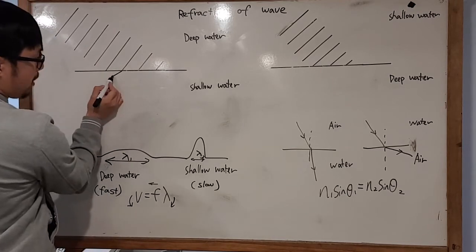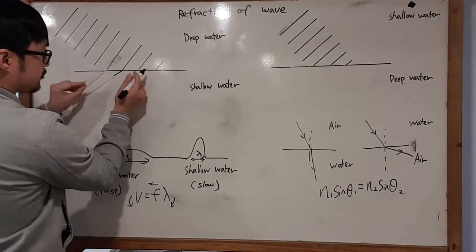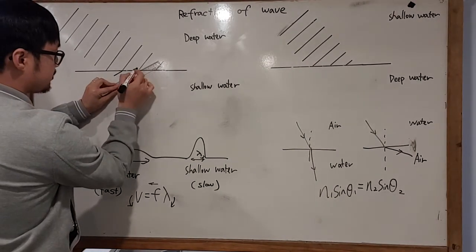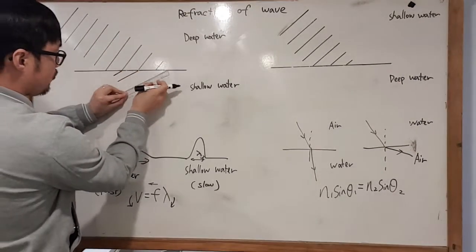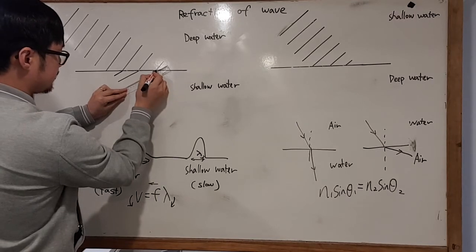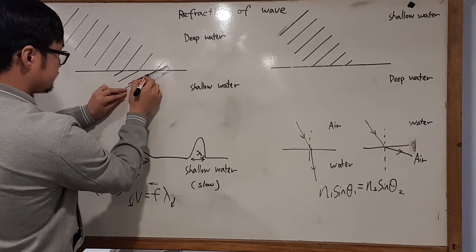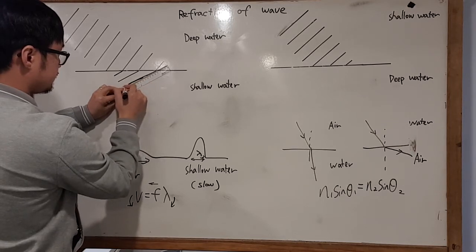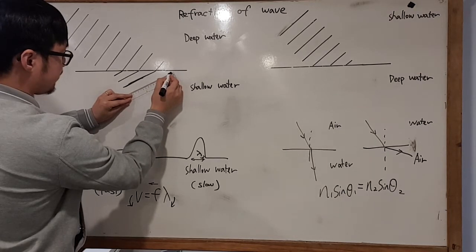You can see this part was this part over here, and it slowed down first. It's going to start to go this way. All right, and then these guys start to slow down. Now there's more slow down. Once it enters the shallow water, it's going to start to slow down. Okay, and now all of them have entered here.